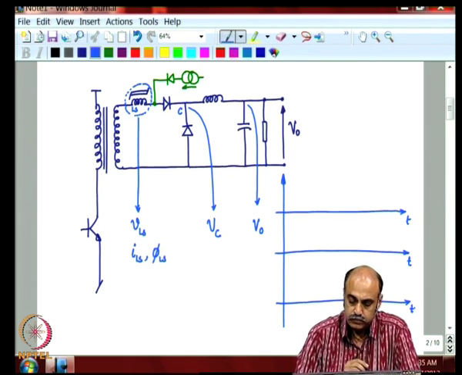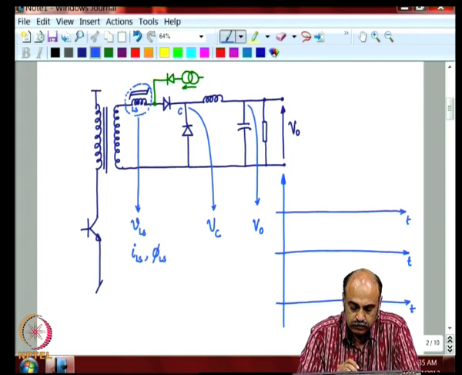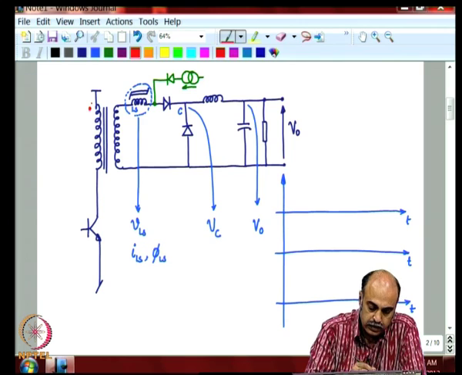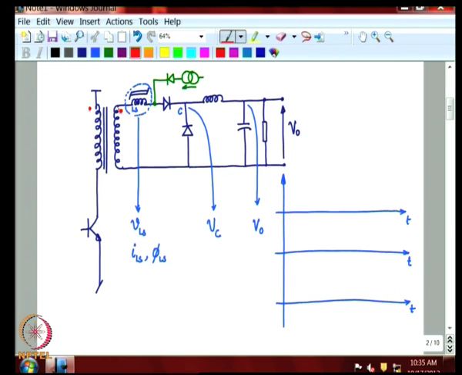Okay. So, one by one, let us not forget the dot polarities as a forward converter. Now, when the switch here is on, this dot is positive and this is positive. Okay.